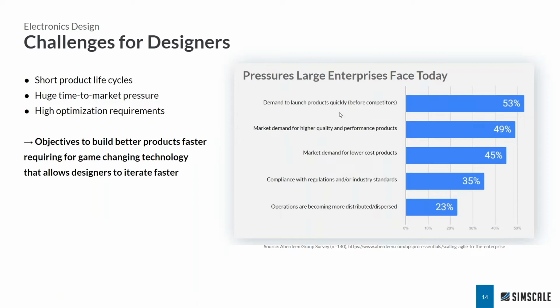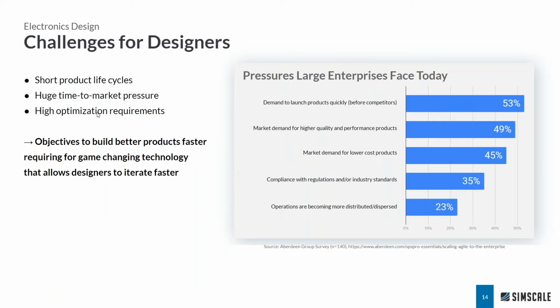At the same time, to really compete with your products afterwards, you need to have high optimization being done during the design process. And some of these objectives, so kind of being fast, but also being better, are kind of opposing objectives, or usually you would require more time to optimize your product. Or if you want to be very fast, you might not get every little bit out of the optimization loop.